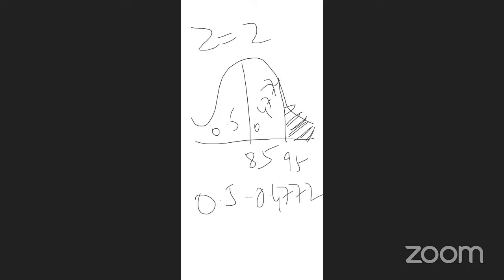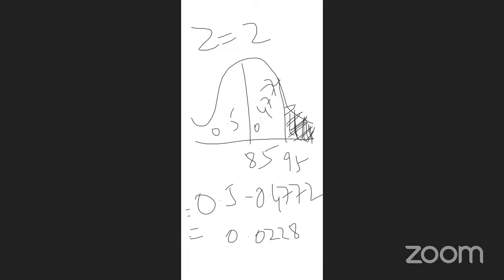That means the shaded region which we are supposed to get is equal to 0.5 minus 0.4772. What is that value? You are getting 0.0228 is the value here.